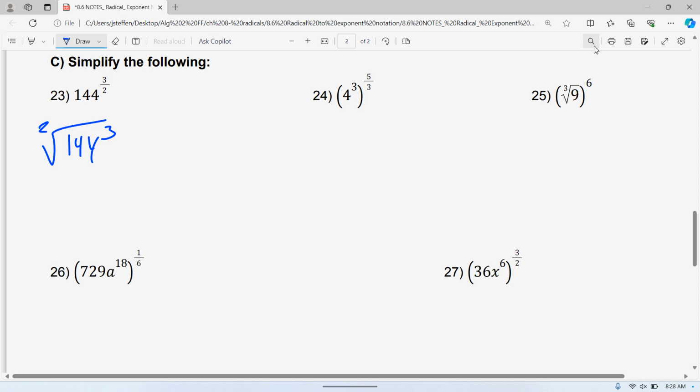But when I actually do this math, in my opinion, my word of wisdom, I would do it the other way instead. I would do the square root of 144 first, and then I would take that answer to the 3rd. That's the way I do my math, so it's up to you. Technically, you don't need the 2 there, the index number, because it's a square root.